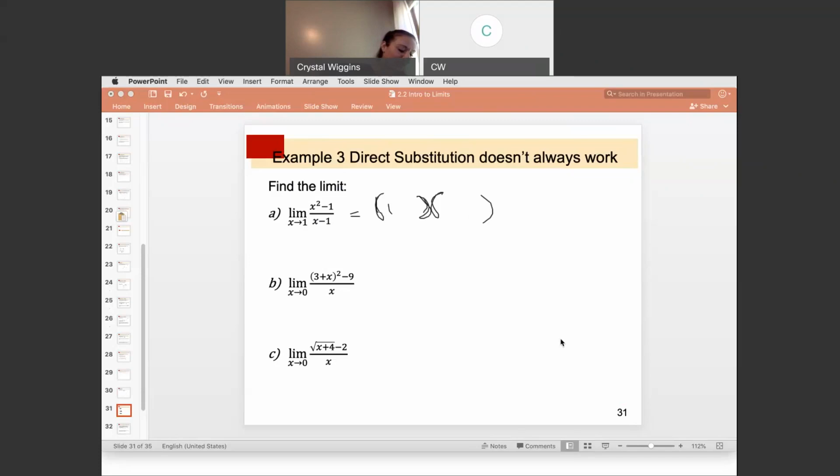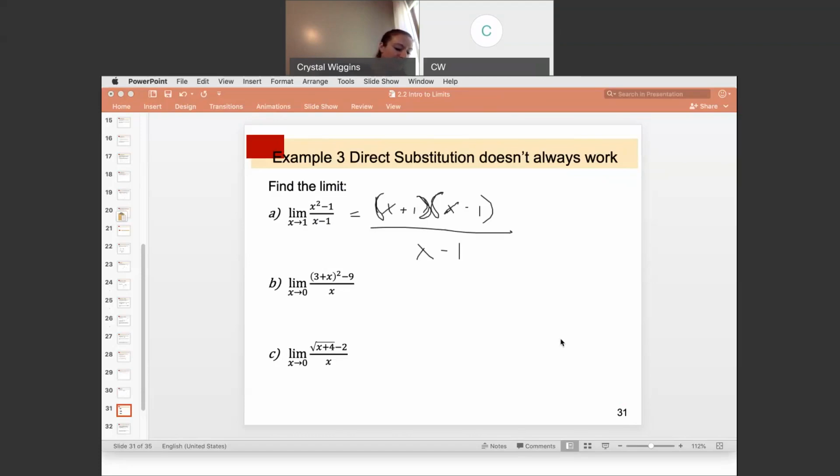So if you need to look back in your algebra days, that's from the difference of two squares, over your denominator of x minus 1.